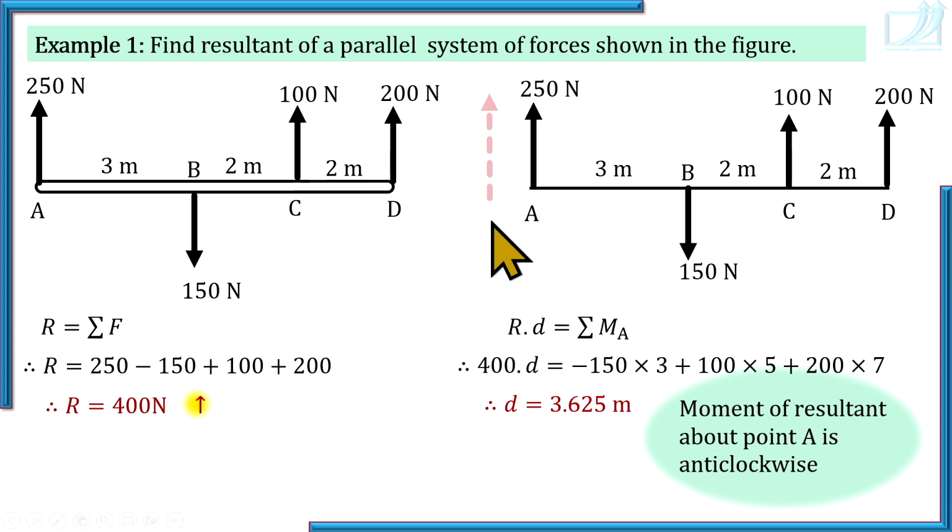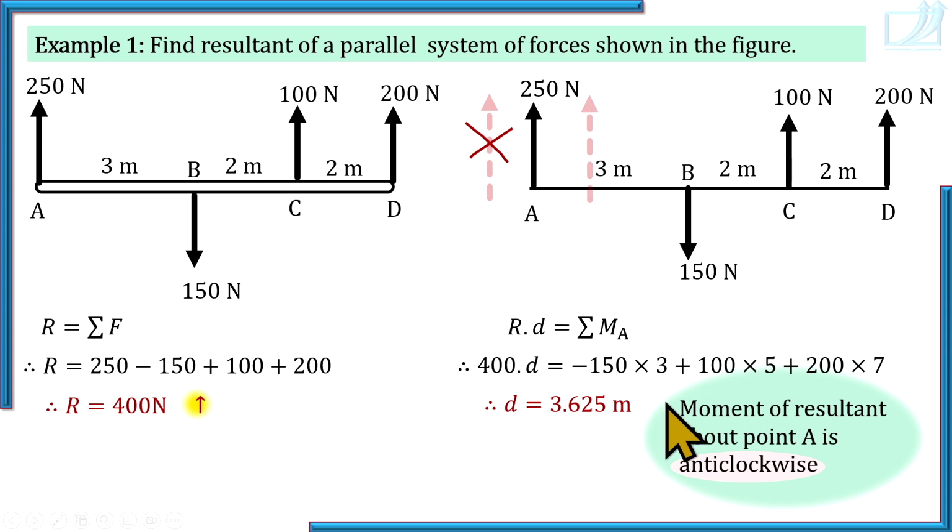So this is how you visualize. If we place the resultant here on the left side of point A, then the resultant will have a clockwise moment. And if you place it on the right side, the resultant will have an anti-clockwise moment. So this information is very important. It is an anti-clockwise moment, therefore this is not the correct position, because this position of the resultant gives you a clockwise moment. So the decision we have taken is that the resultant is on the right side of point A.